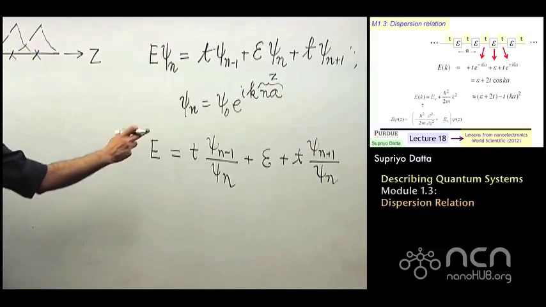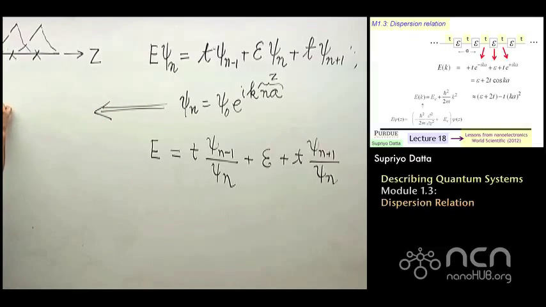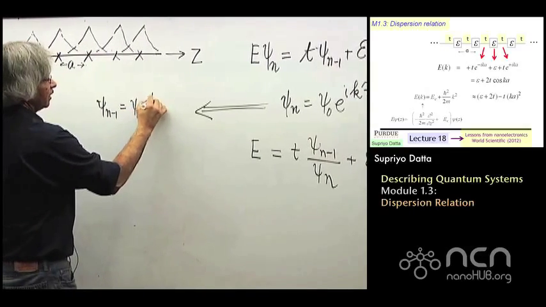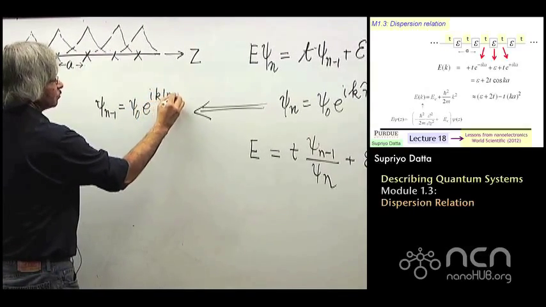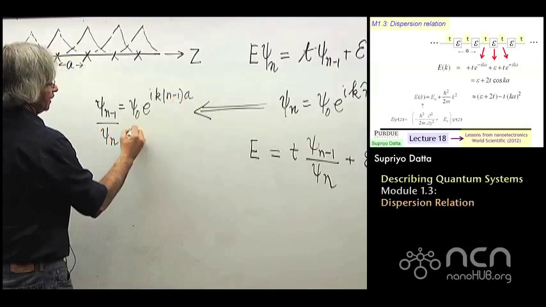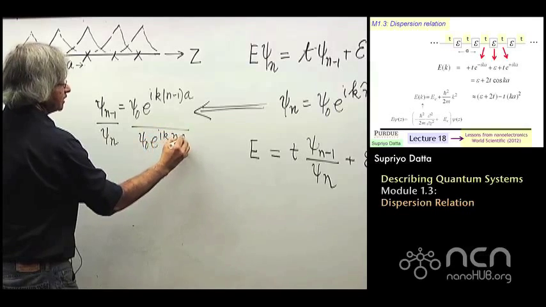And what you can check is, if you assume this solution, then what is psi n minus 1? Well, it is psi 0 e to the power i k (n minus 1) times a, whereas psi n is psi 0 e to the power i k n times a.